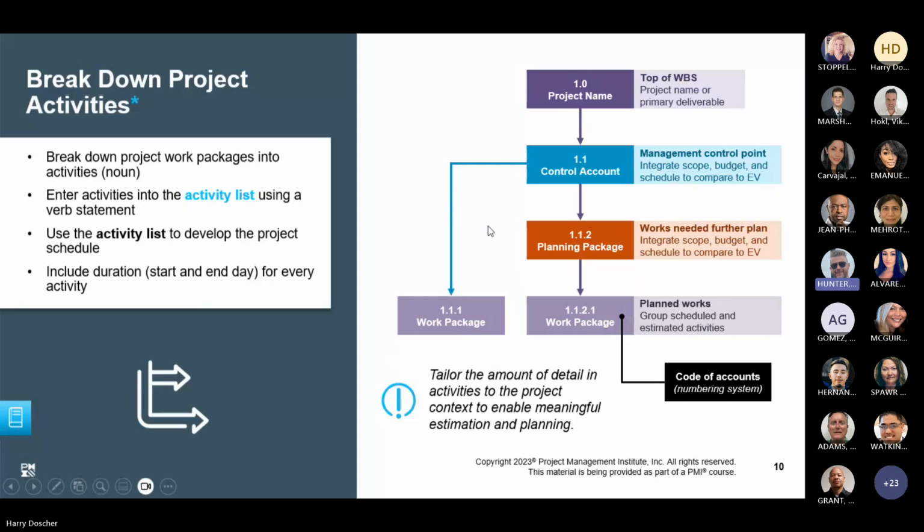And then you further break it down into planning packages for larger efforts. And then you will have a boatload of work packages on a large project. Good thing to know. That's what they show here.